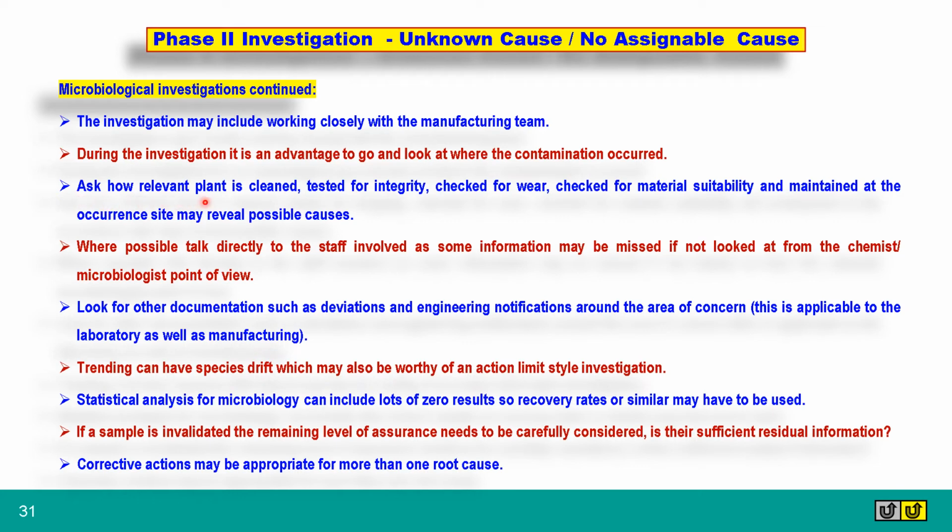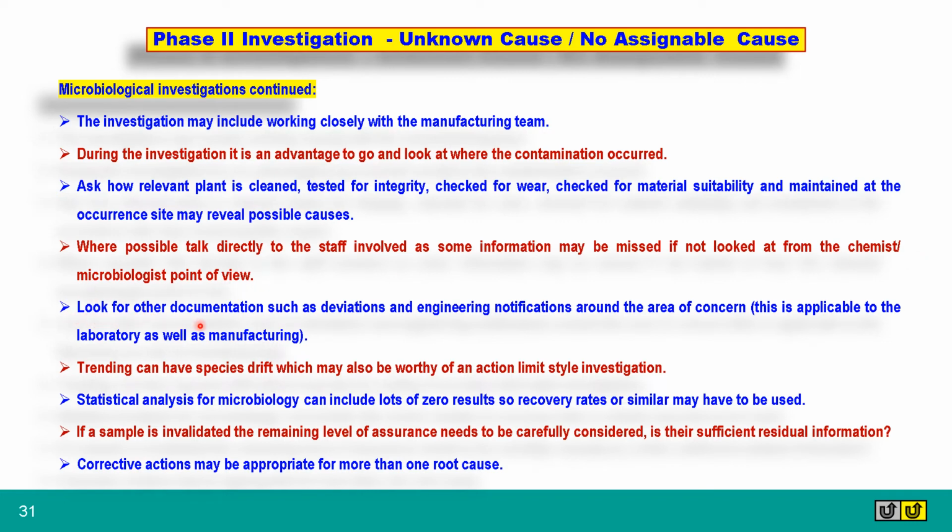Ask how relevant plant is cleaned, tested for integrity, checked for wear, checked for material suitability and maintained at the occurrence site, as it may reveal possible causes. Where possible, talk directly to the staff involved, as some information may be missed if not looked at from the chemist / microbiologist point of view.